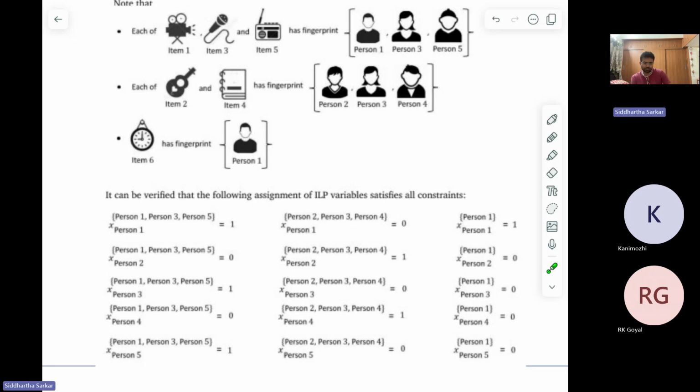So it is just one thing, everything is fine. You have said 6 into 6, but it is not 6 into 6, it is 6 into something else. So let us see what is 6 into something else. So these two items have to go to these three.